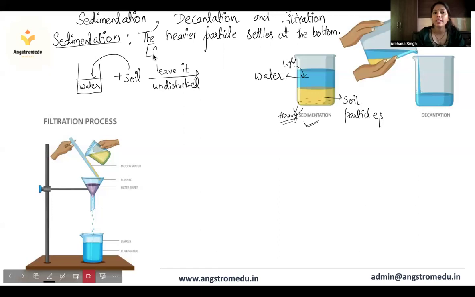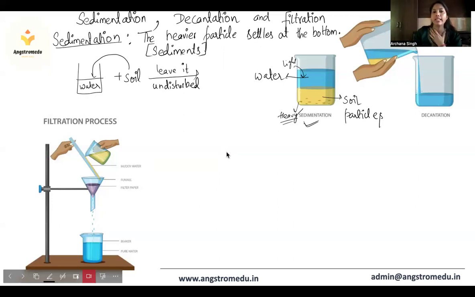These heavier particles are called sediments. So this is one method of separation where we are separating heavier from lighter particles when they are mixed together in water. Not just in water, in any solvent, you can say.